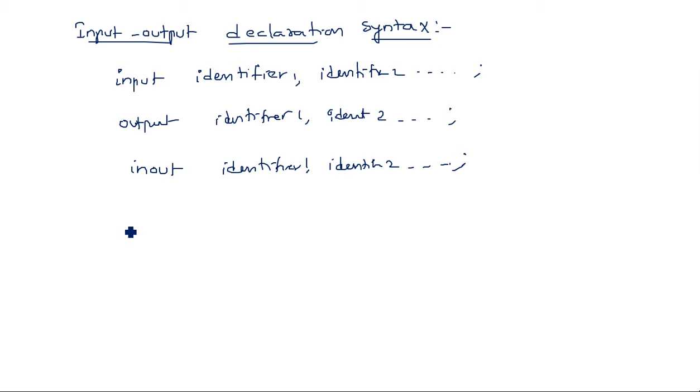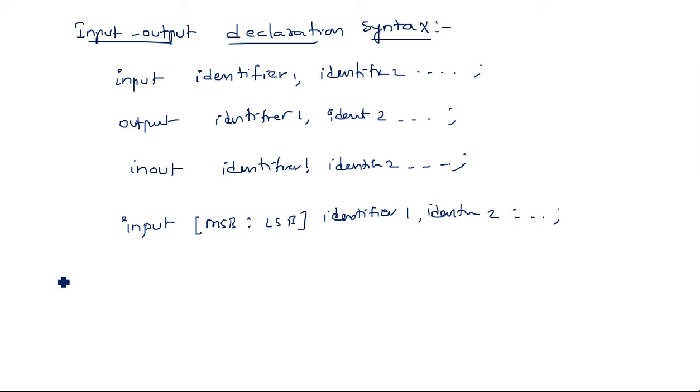Okay, and suppose the input is an array instead of a single bit, then input MSB down to LSB. Suppose if it is 4 bit, then 3 down to 0, followed by identifiers which are having that array, identifier 1, identifier 2, and so on.